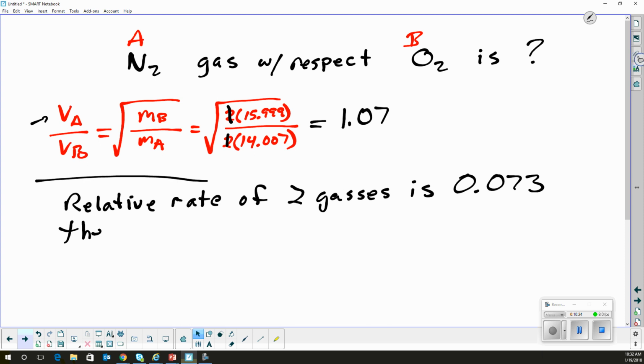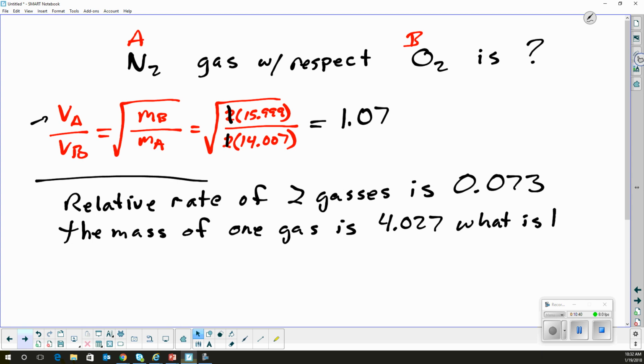The mass of one gas is 4.027. What is the mass of the second gas? Usually they'll at least give you one mass. Or they'll say the mass of this gas is helium. What is the other gas?